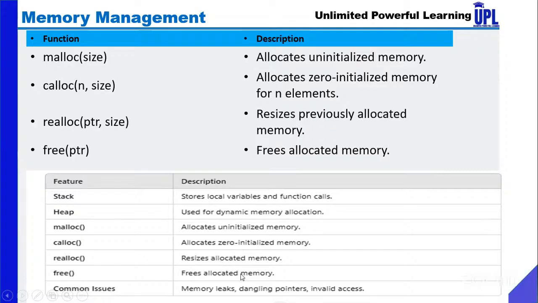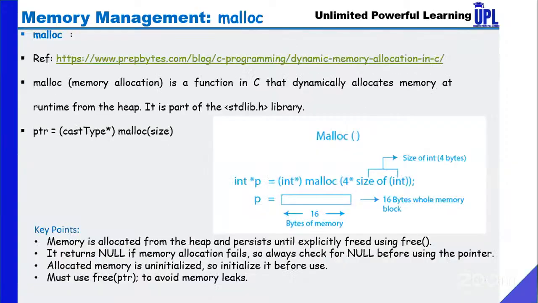Free means freeing the memory. If you make certain mistakes when coding with this memory management, it leads to memory leaks, dangling pointers, and invalid access. These are the challenges you may face. That's why a better understanding of memory management is important with respect to your pointers.